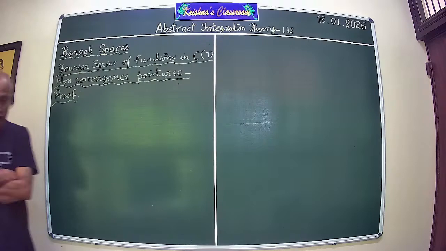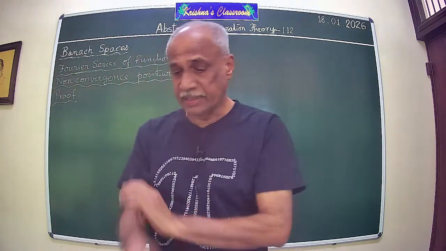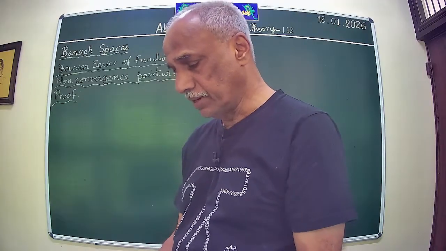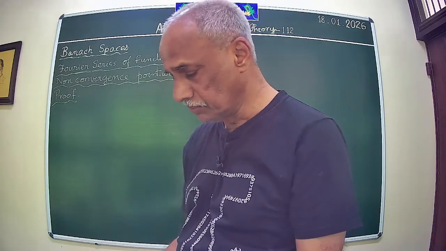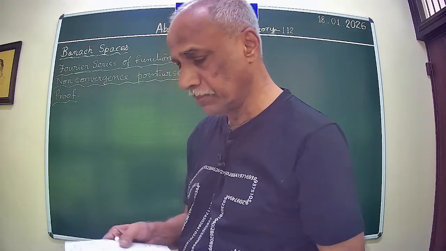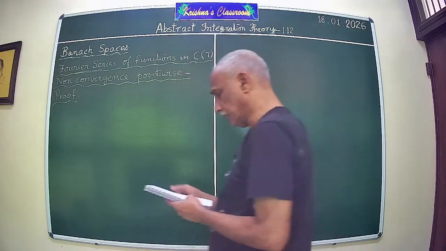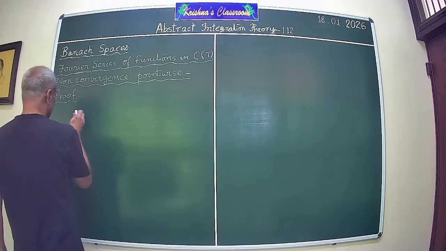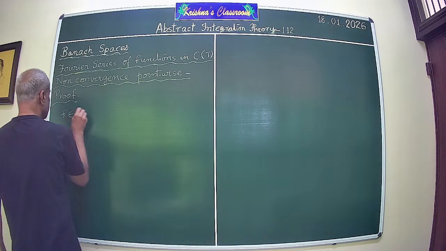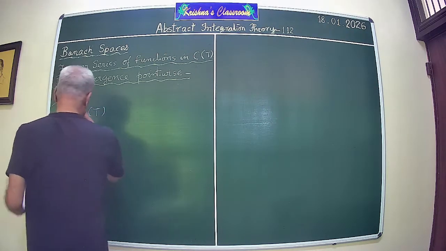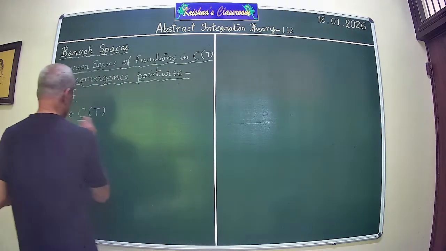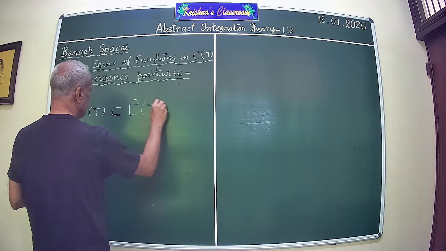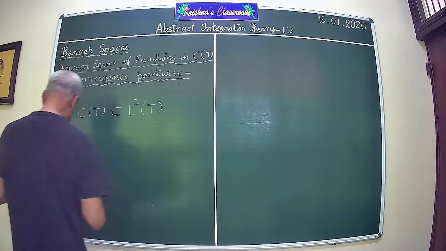Now, let us prove this. For that, we have done some preliminary work, but we will recall the crucial statements of it. You have the Fourier series for f belonging to CT. Now, CT is contained in L2 T. Therefore, the Fourier series is well defined.